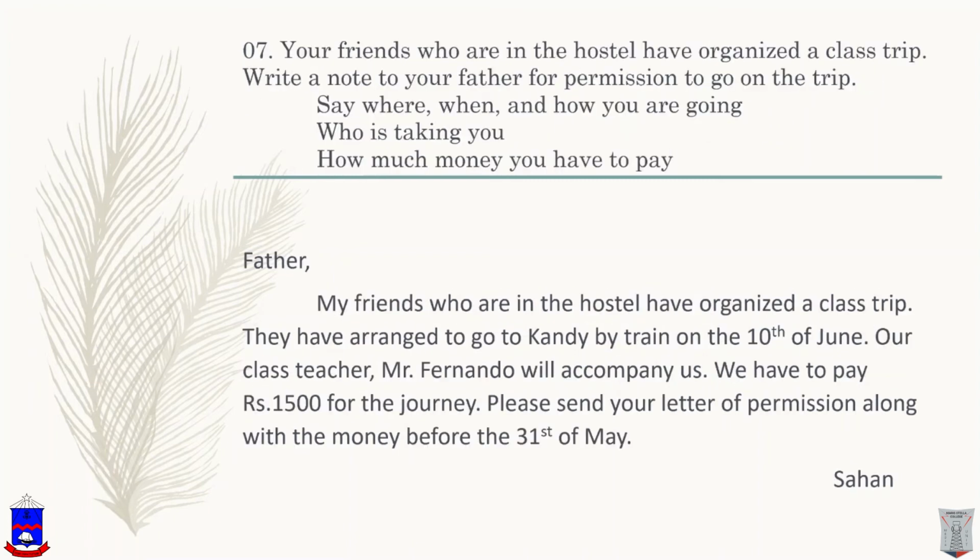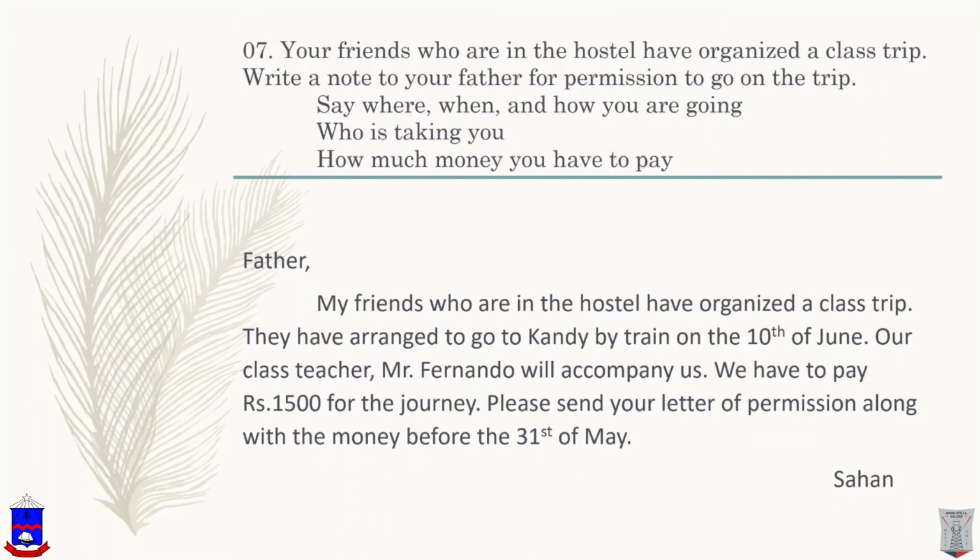Now let's look at question number 7. Your friends who are in the hostel have organized a class trip. Write a note to your father for permission to go on the trip. Say where, when, and how you are going. Who is taking you? How much money you have to pay.